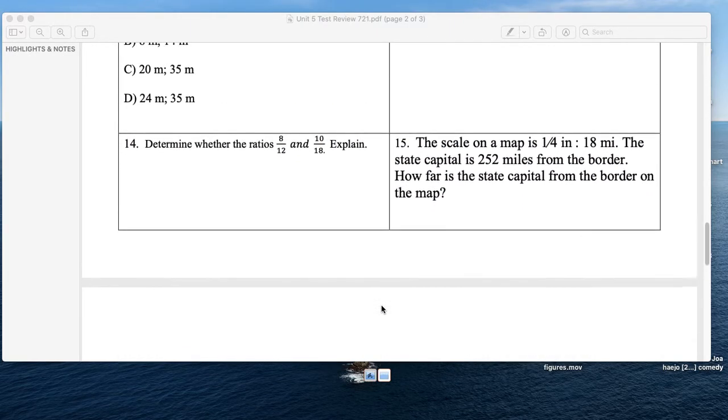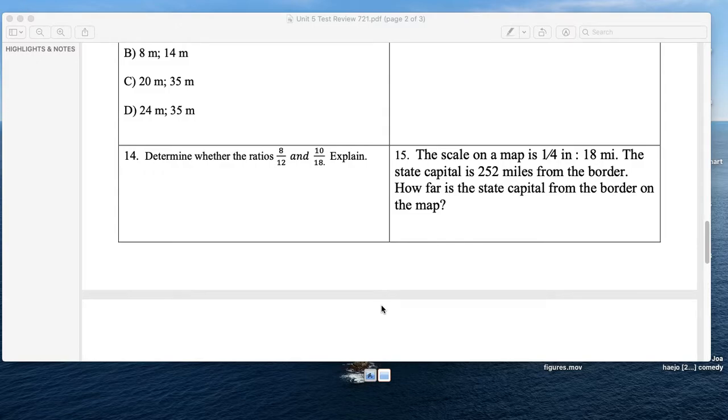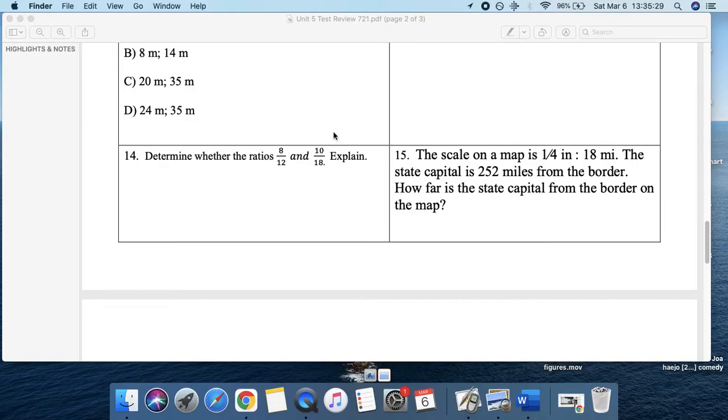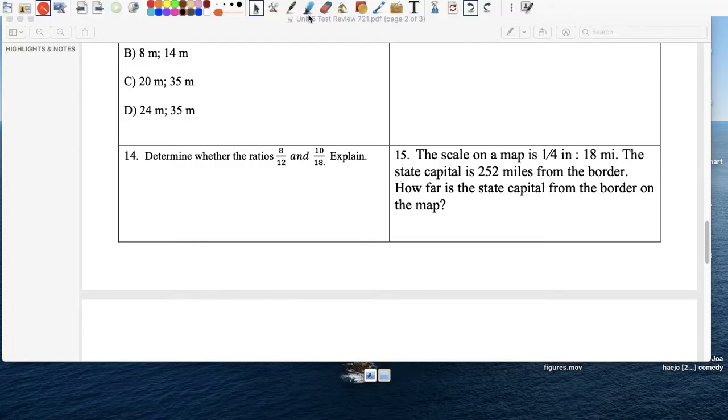Determining whether the ratios are proportional. One way you can determine if two ratios are proportional is setting up a proportion, and if they're equal to each other, then they are proportional. So 8 over 12 and 10 over 18. If you don't like to cross multiply, we can simplify. 8 over 12 simplifies to 2 over 3. 10 over 18, dividing by 2, gives 5 over 9.